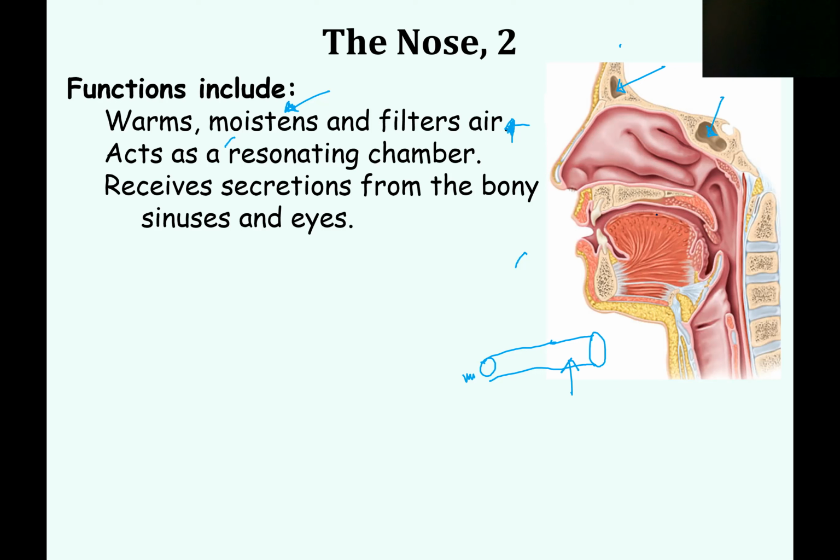You also have maxillary sinuses and ethmoid sinuses. They drain into the nose. In between these folds, in between the turbinates and conchae, you have openings where they drain into the nose. And that's why a sinus infection is an upper respiratory tract infection, because that's where the drainage occurs.